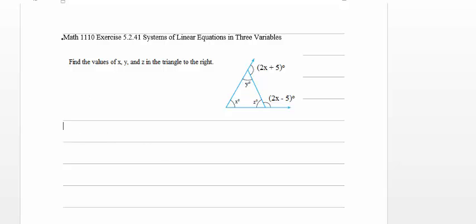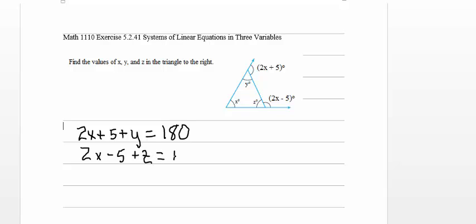So that's actually one of our equations, that 2x plus 5 plus y equals 180. We have a similar situation here where z added to 2x minus 5 is also 180.